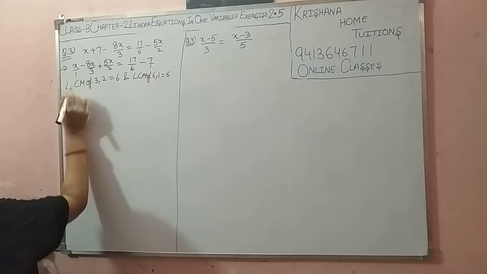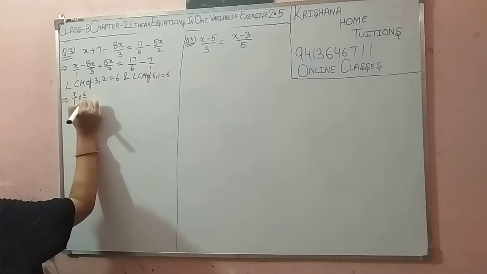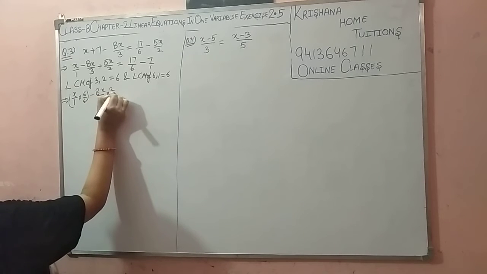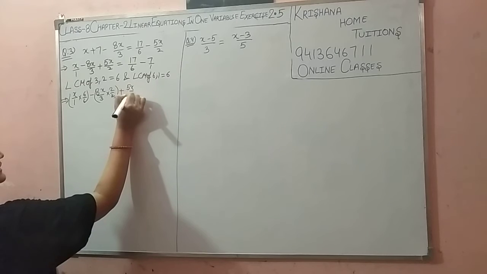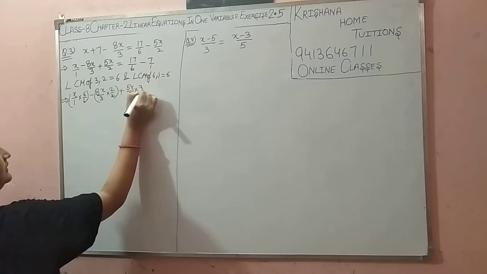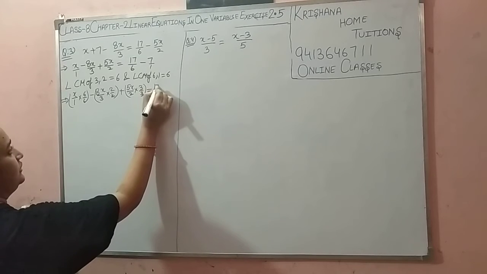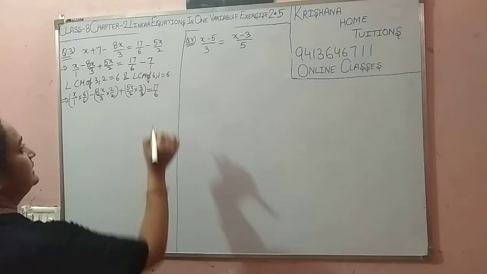There we want LCM 6, here we want LCM 6. Now this term will multiply with 6, minus this term will multiply with 2, plus this term will multiply with 3. And here no need to multiply this term with any number because already the denominator is 6.